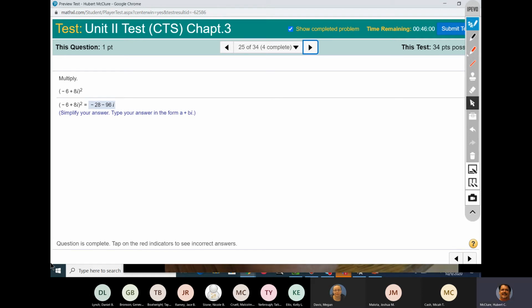So a squared plus 2ab plus b squared. That's going to be 36 minus 12 times 8i plus, well, it's going to be 64, and then a -1. It's going to be a minus 64.